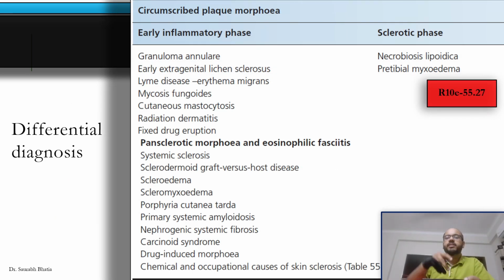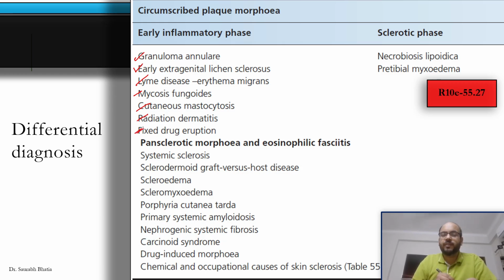Regarding differential diagnosis, I will not go into detail, but it depends on what phase of morphea you're looking at. In the inflammatory phase, differentials include granuloma annulare, extragenital LS in the early phases, Lyme disease because it has that kind of lilac ring around, MF, cutaneous mastocytosis, and radiation dermatitis, which is very important to rule out. We have discussed radiation-induced morphea in the pathophysiology of morphea video, FDE.